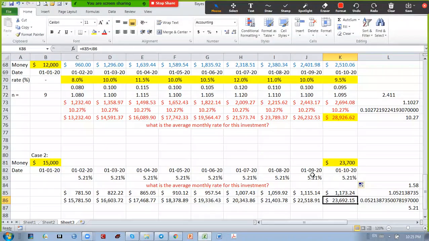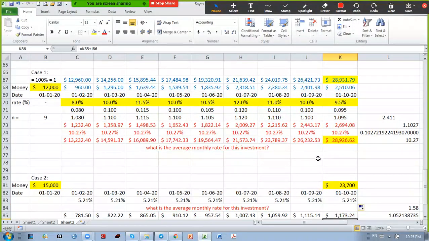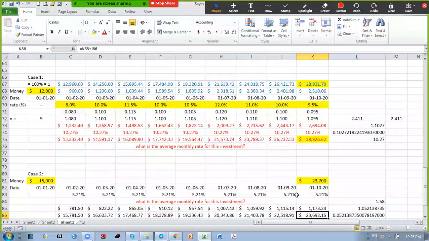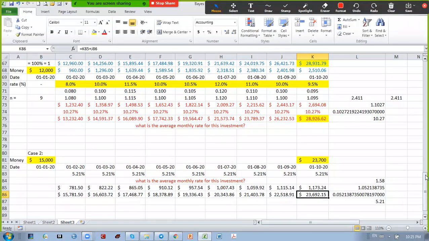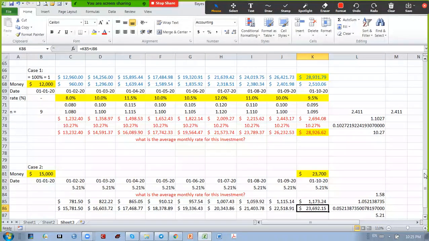Okay, so this ends our practice, or not really an exercise, for example for geometric mean, using Excel. Excel is easy, but when you compare with your own handwriting answer, don't take all of these numbers, only 2 digits at the end of the decimal.